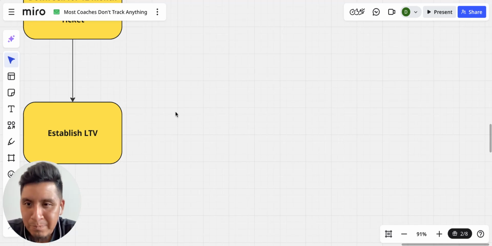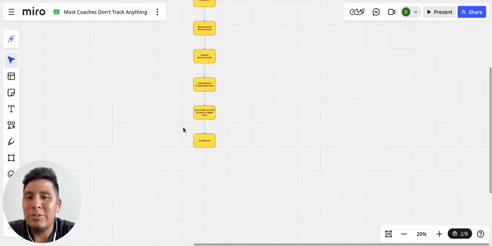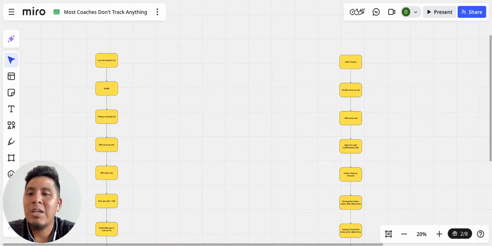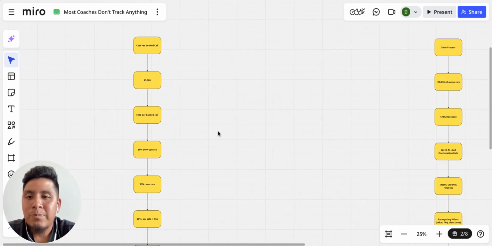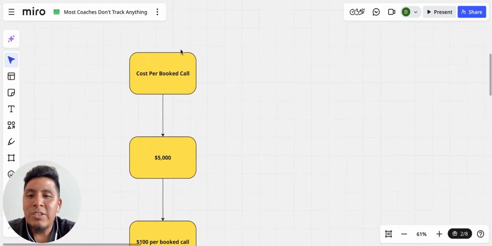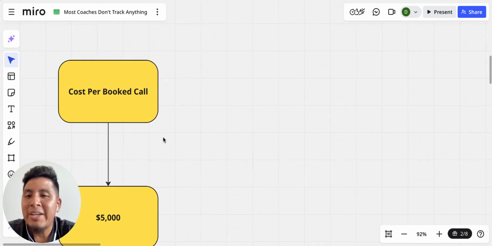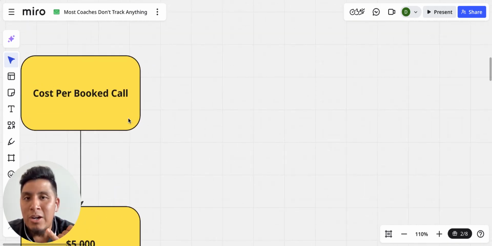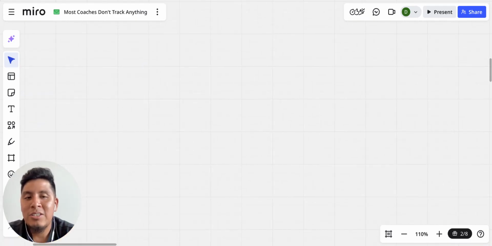So the three main things that I talked about that are super helpful are: what is the cost per book call, which is mainly influenced by the offer, the solution, and the awareness levels through the front end of ads?